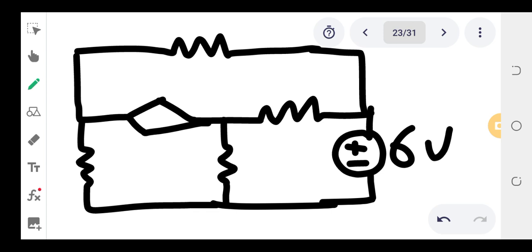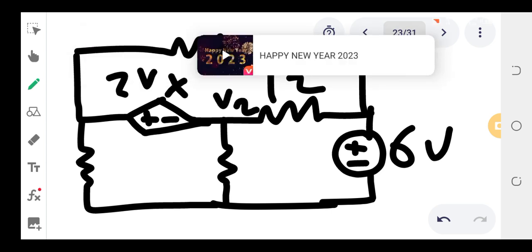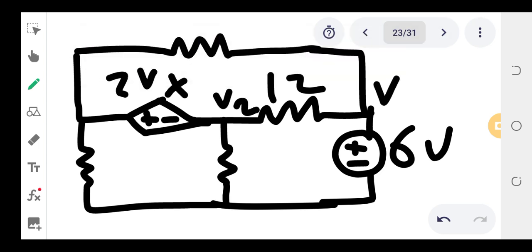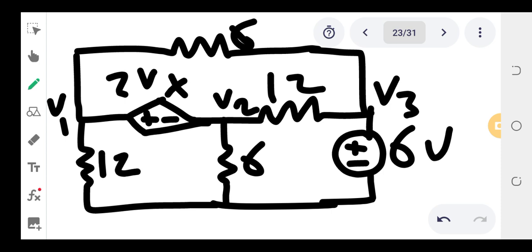This is 6 volts on 12, positive, negative, 2Vx. This is V2, this is V3, and this is V1. Here we have got 6, here we have got 6 again, and here we have got 12.